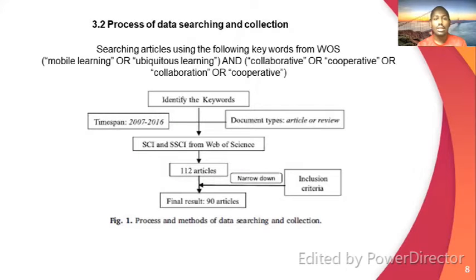Process of data searching and collection. Articles were searched using the following keywords in Web of Science: mobile learning or ubiquitous learning, and collaborative or cooperative or collaboration. Using these keywords, they identified 112 articles and, based on inclusion criteria, included 90 articles for further analysis.